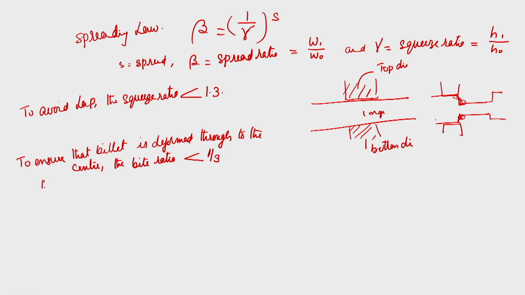So this ensures homogeneous deformation. Minimum inhomogeneous deformation. Now, if you look at that in open die forging, the load required to forge a flat section in open dies.